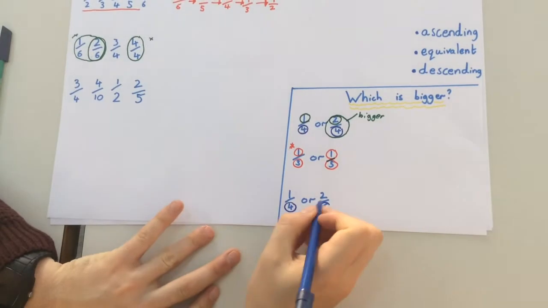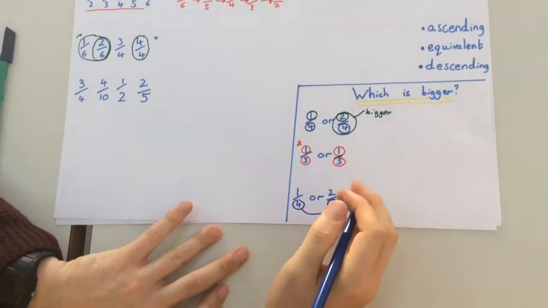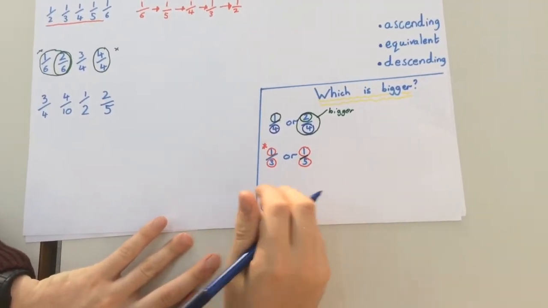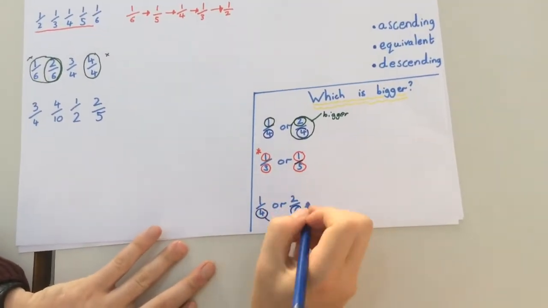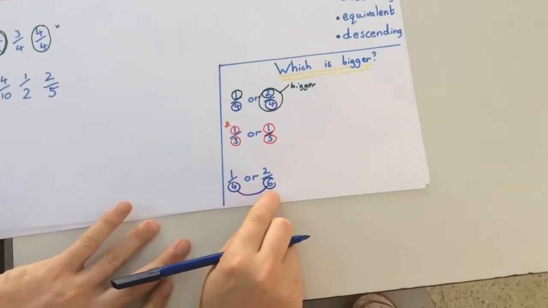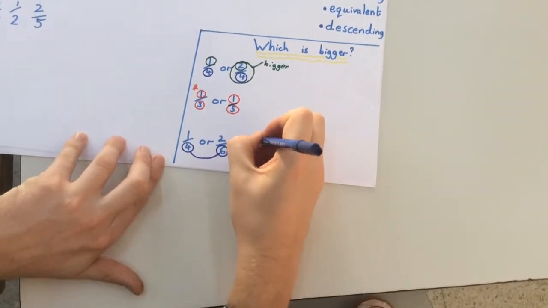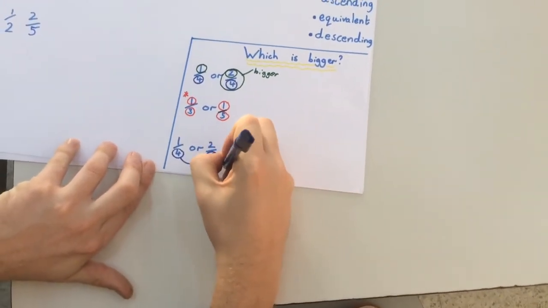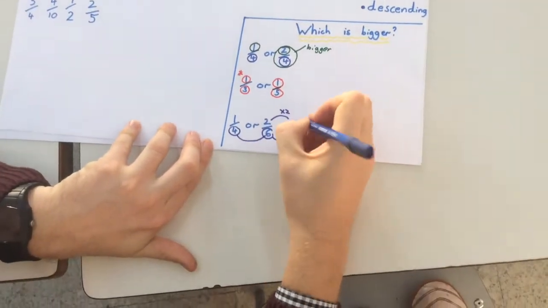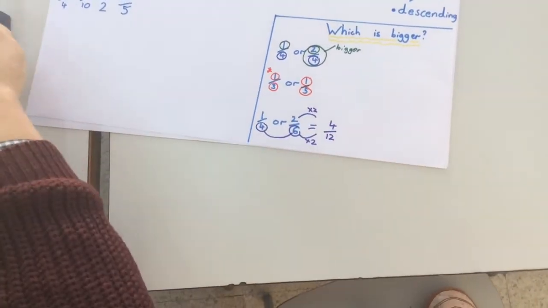Now the easiest way to do this is times them by each other. What we're looking for is a multiple, a times table that they're both in. Well, I could times them together, but actually I look at them: 4, 8, 12, and 6, 12. So I need to make this into 12ths. So if I times this by 2 and this by 2, I get 4 12ths.